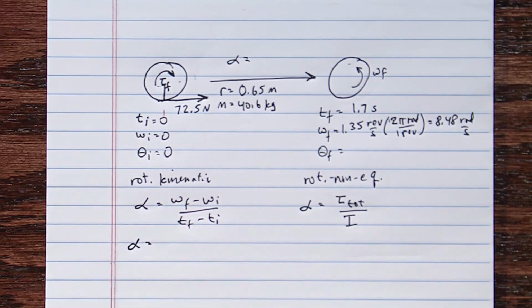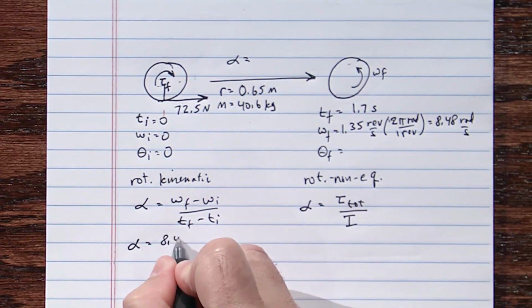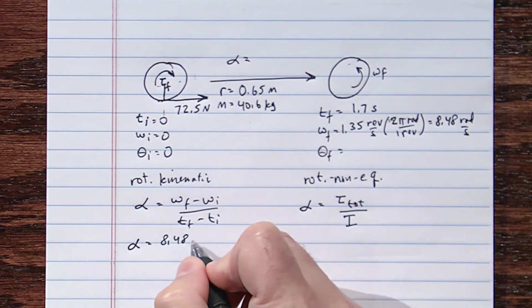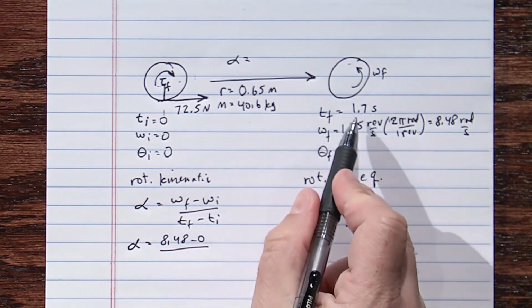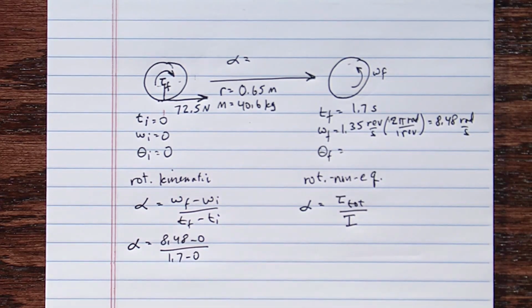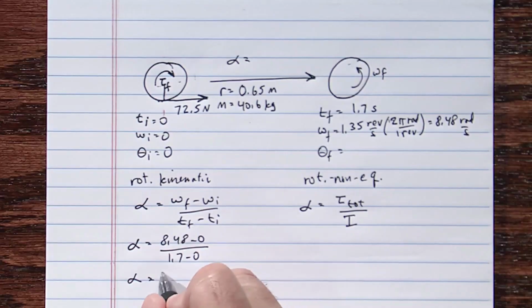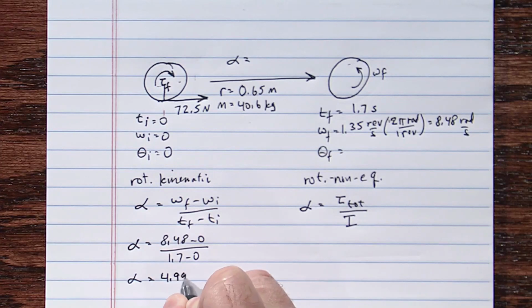Our angular acceleration is equal to 8.48 minus 0 divided by 1.7 minus 0, and we can calculate our angular acceleration. 8.48 divided by 1.7 is 4.99 radians per second squared.